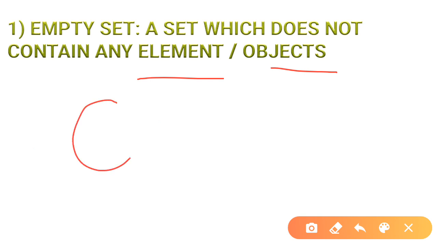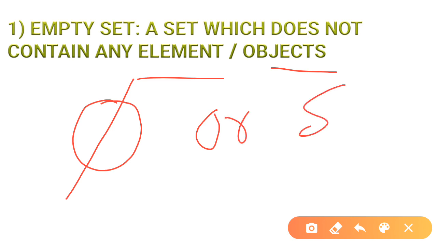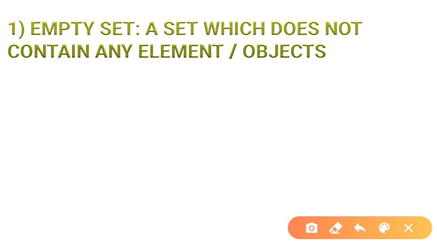The empty set is denoted by this pi symbol or by curly brackets with nothing in them. That is an empty set, right? We'll go for the next one.